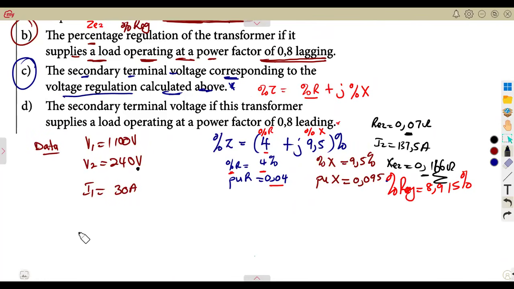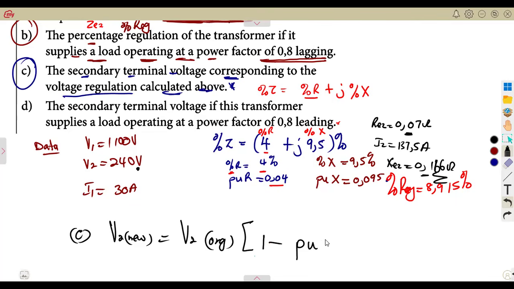We saw from our formula that the new voltage at the secondary terminal can be obtained from the original V2 times 1 minus per unit regulation, where per unit regulation represents the decimal part of the percentage.